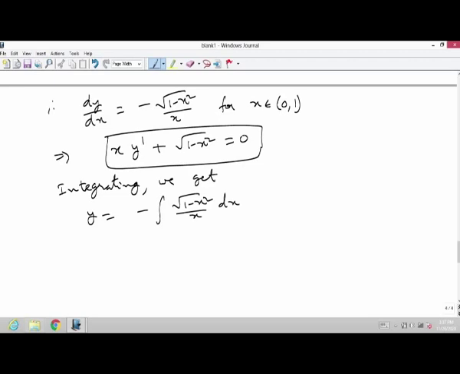So, what we can do is we can put x equal to sin theta, then dx is cos theta d theta, and square root of 1 minus x square will be equal to cos theta.